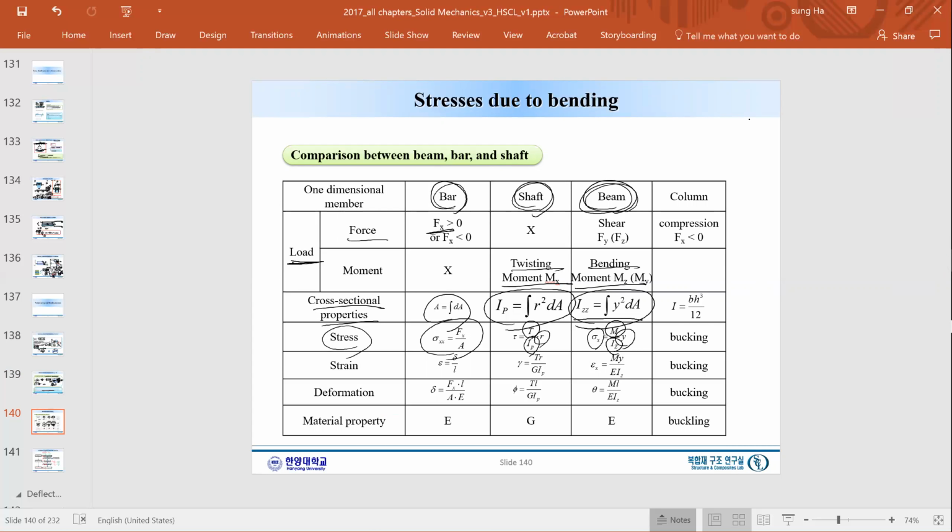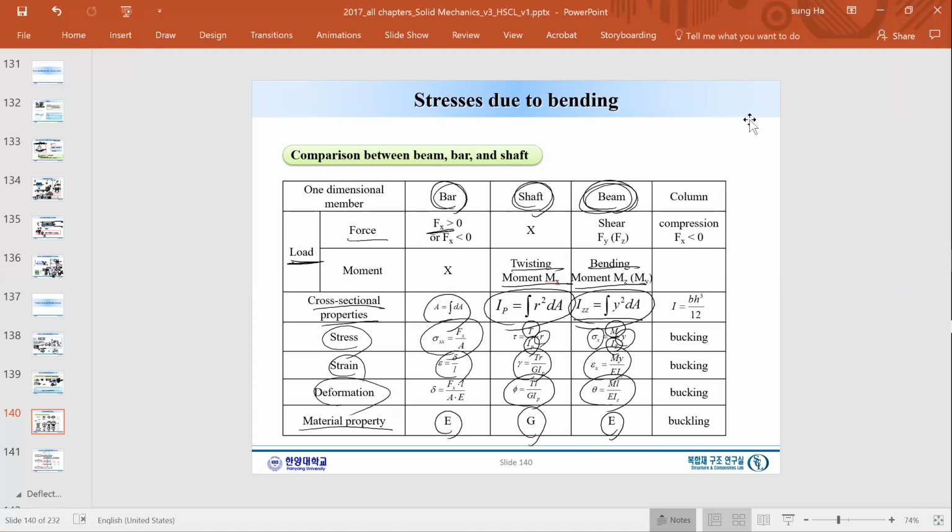And the strain is like this, gamma and epsilon, and the deformations are very similar, in theta and so on. The material property is the Young's modulus for the beam, because the beam is a series of tension, and the shaft is a series of shear deformations.